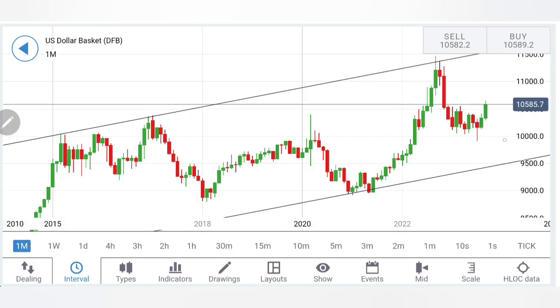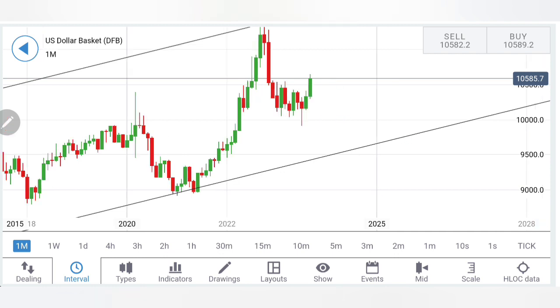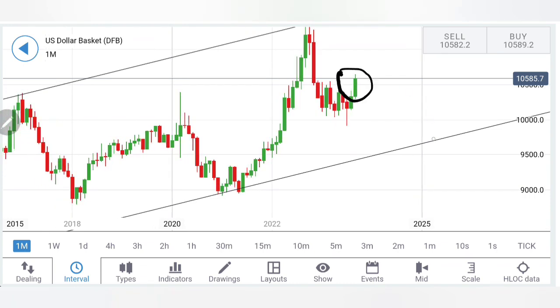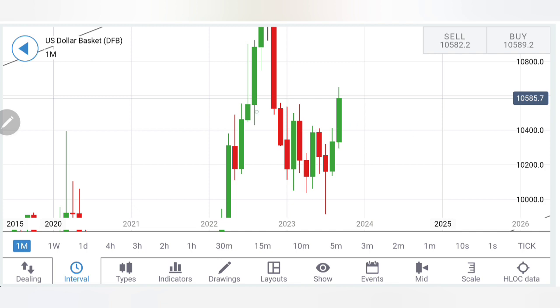Now let's have a look at the monthly. Now remember, on the monthly charts, the DXY was staying bearish, the dollar was staying bearish in this channel, and this month it has shown a breakout. This is a breakout candle, and if you look at the resistances, 105.4, 105.5 was a greater resistance.